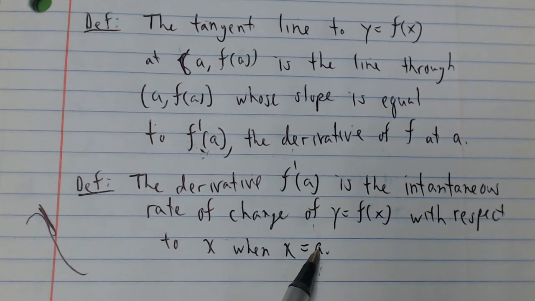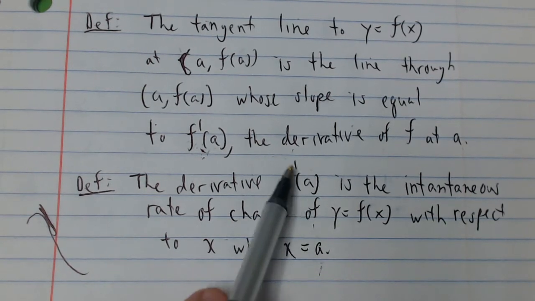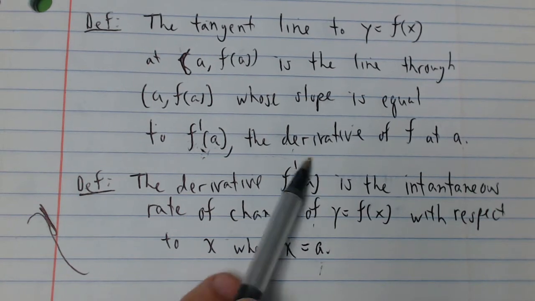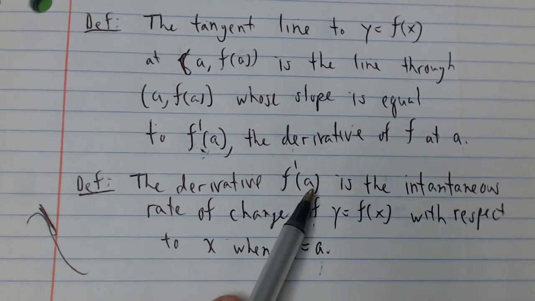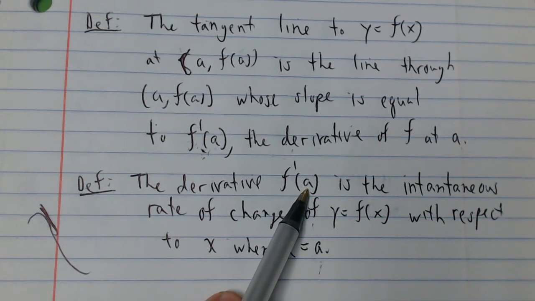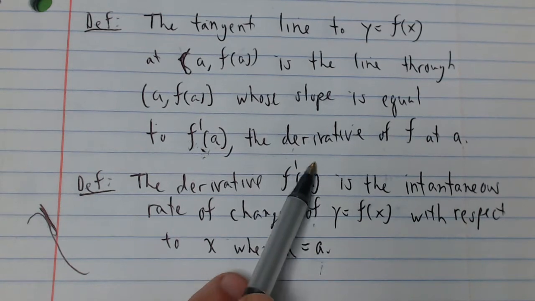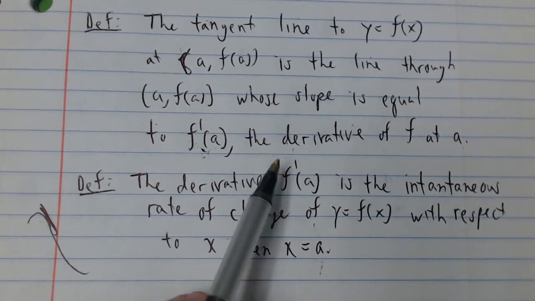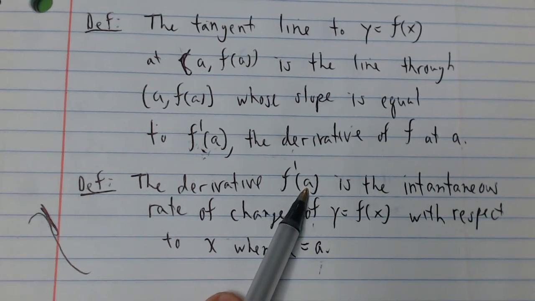When a units are produced, then the derivative at that a tells you how much the production is increasing or decreasing by when a units are produced. It's at that instant, it tells you how much your production of something, whatever it may be, is increasing or decreasing per unit when you make a units of that product.